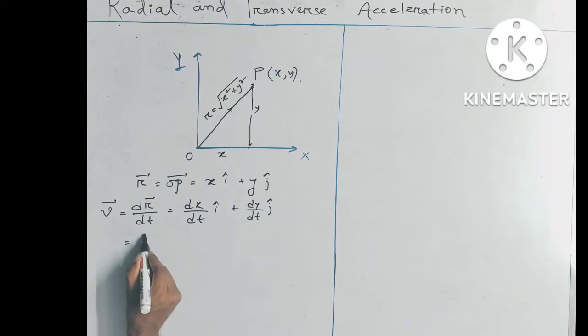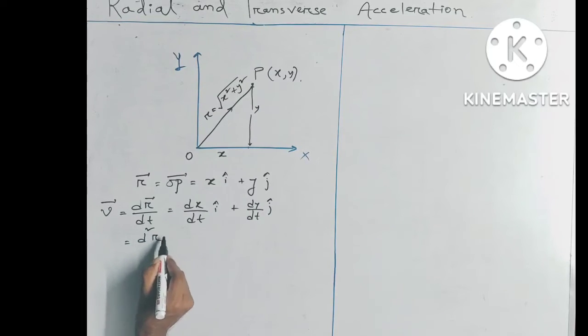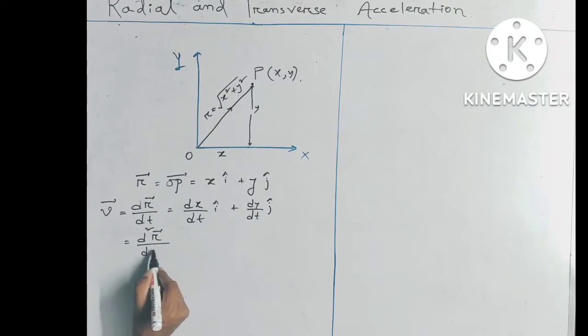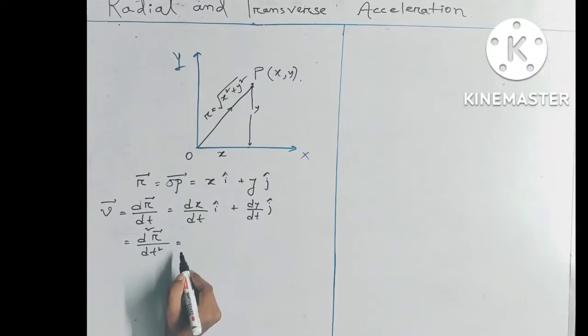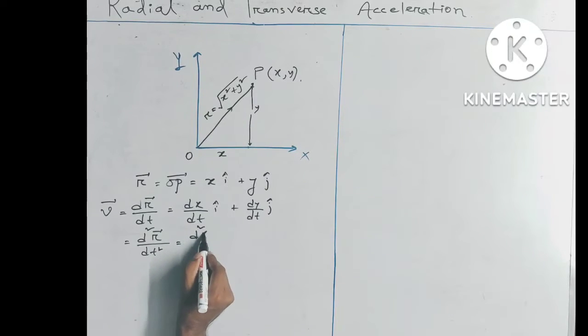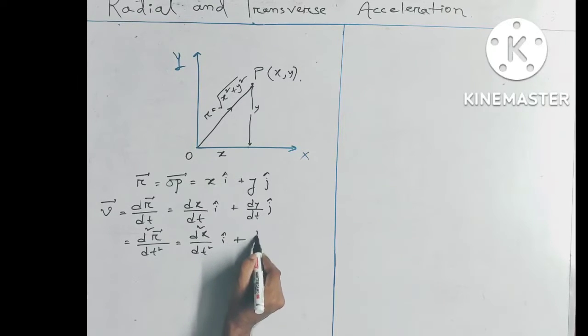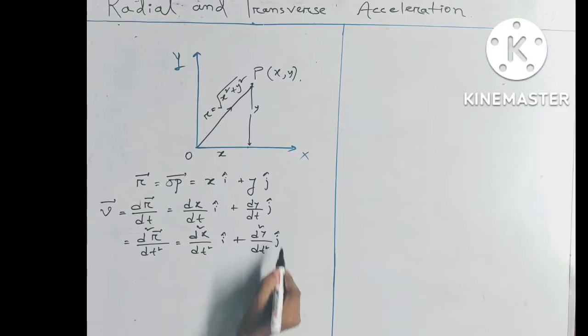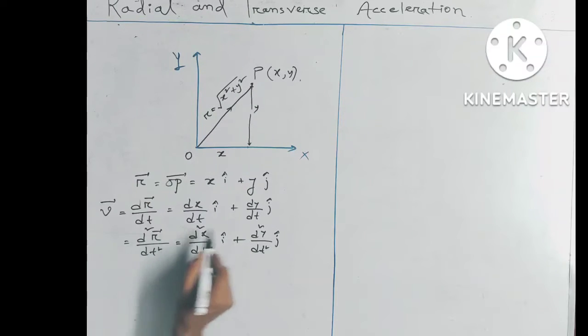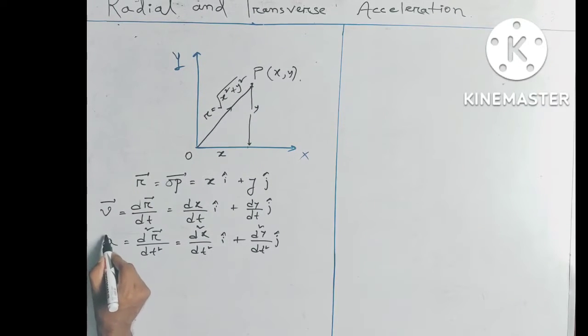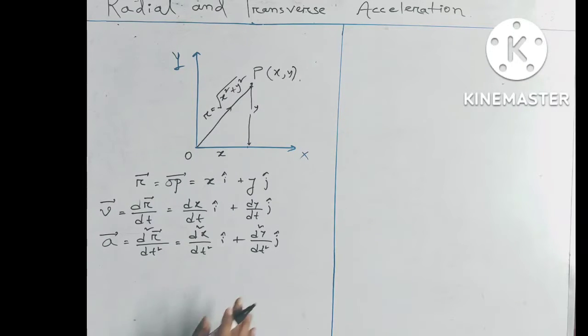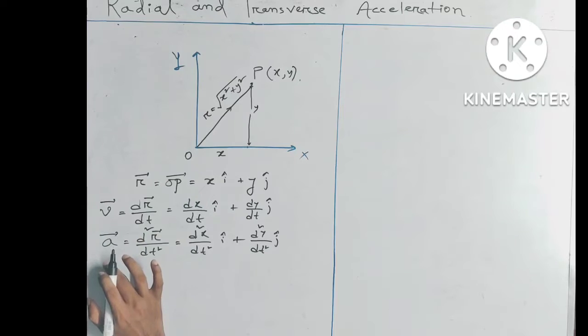Similarly, if you take the second derivative of the position vector, then we will have d2r/dt2 equal to d2x/dt2 i cap plus d2y/dt2 j cap, and this will give us the acceleration vector a vector. So this is the velocity and acceleration in the Cartesian coordinate system.